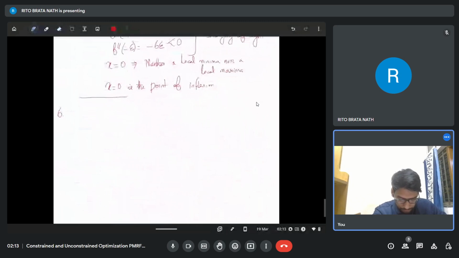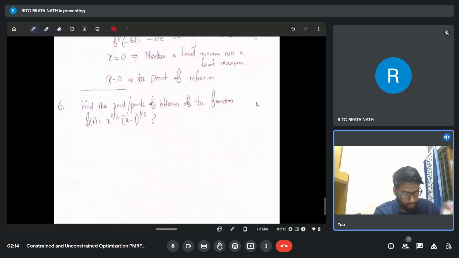Okay, so the sixth problem tells you to find the point or points of inflection of the function f(x) equals x to the power 2 by 3 times (x minus 1) to the power 1 by 3.